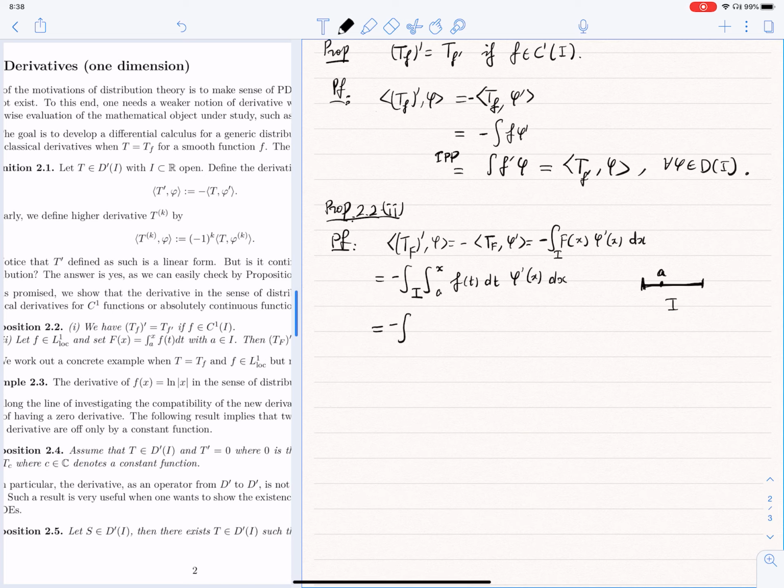The first piece is when x is smaller than a, which I denote by I less than a, and the other piece is called I larger than a.